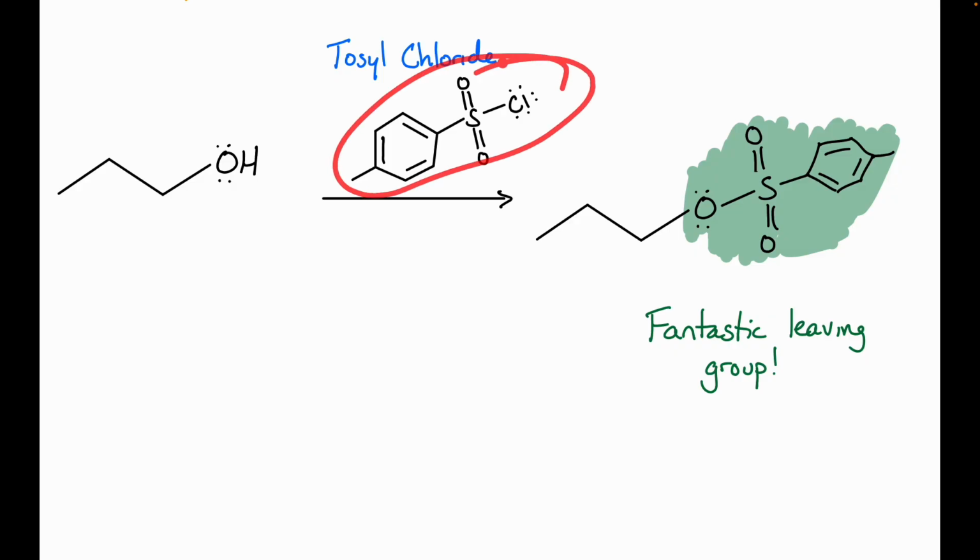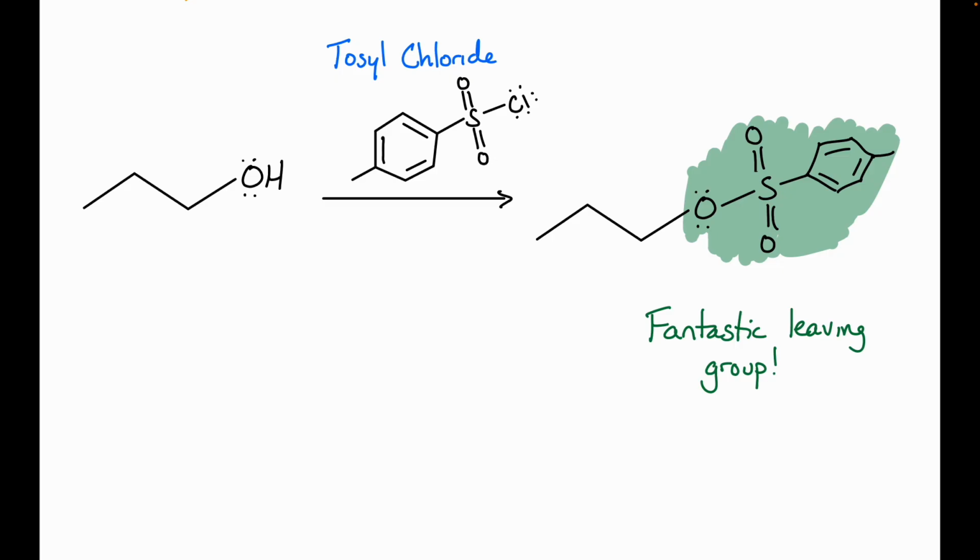Now this is a little bit of a ridiculous big ugly molecule to be drawing, so we have a shorthand for this. I could draw this exact same thing, but instead of using Lewis structures, we represent that tosyl chloride molecule with just TsCl.